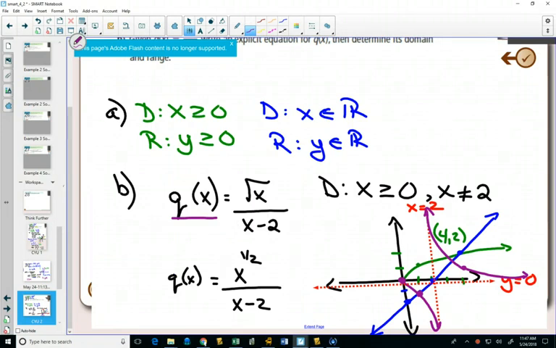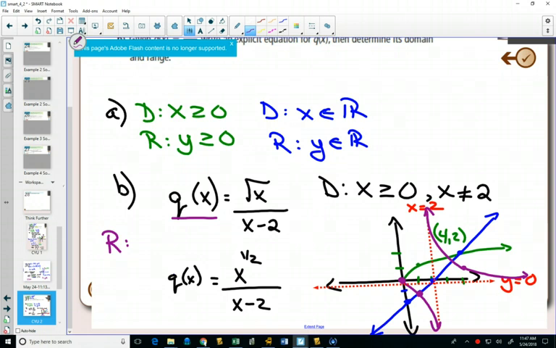And now that we've graphed it, what's the range of our purple graph? This is probably the most complicated range you'll ever do. Well, one of them. So the range is the y values. And what you'll be tempted to say when you look at that is that y can't equal 0.